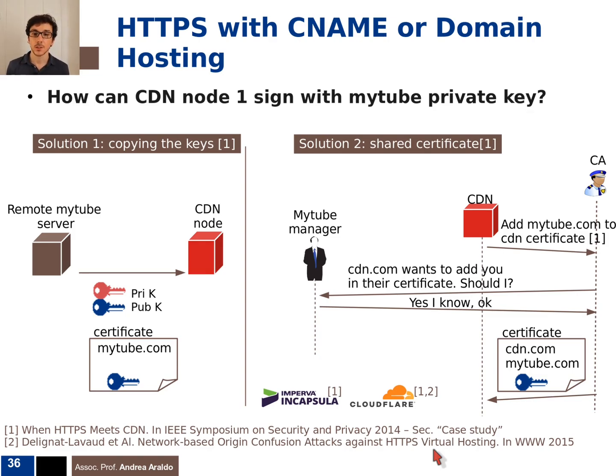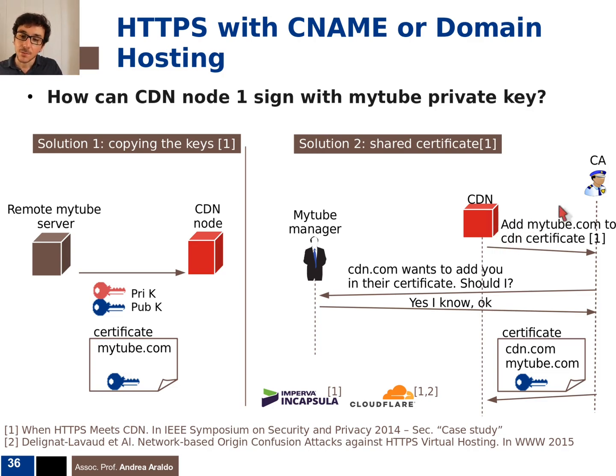So how does a shared certificate work? Suppose MyTube wants to use the services of a CDN. So the MyTube manager signs a contract with CDN, etc. There is an agreement.